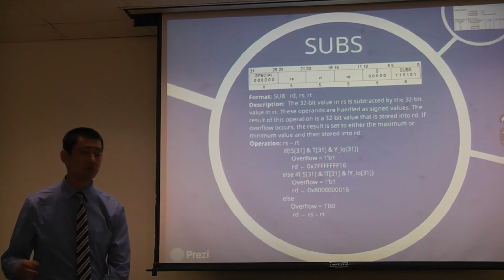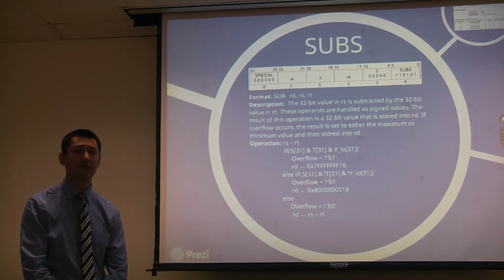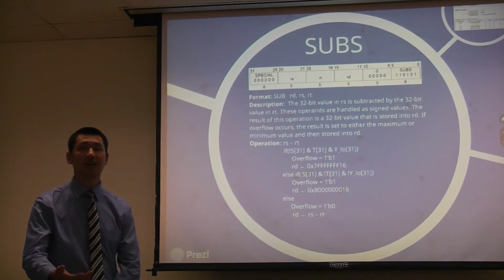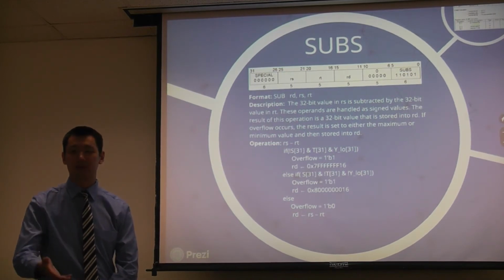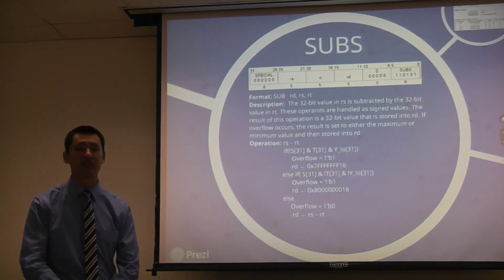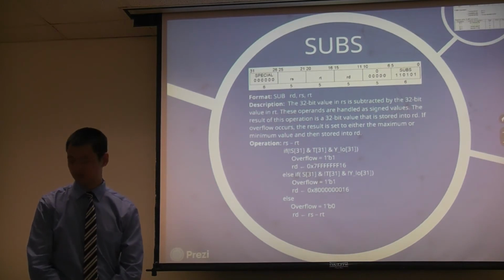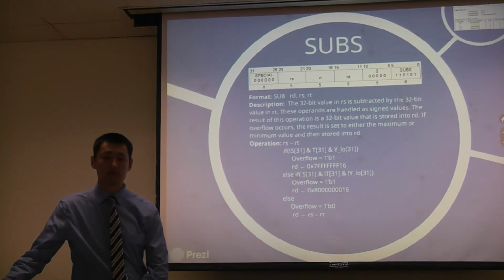Give us an 8-bit example. An 8-bit example. So if we have 7F, which is the maximum amount for 8-bit, and we subtract it with -1, then it'll put it at 7F. Okay. So it doesn't have to do with the bottom, it has to do with the top.